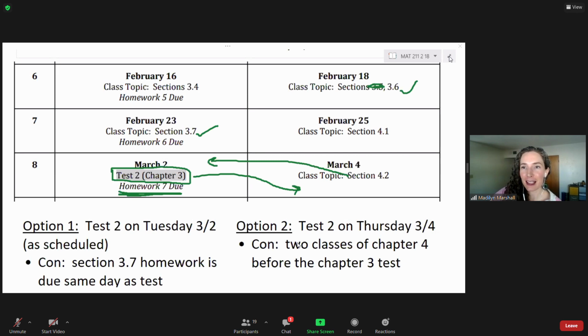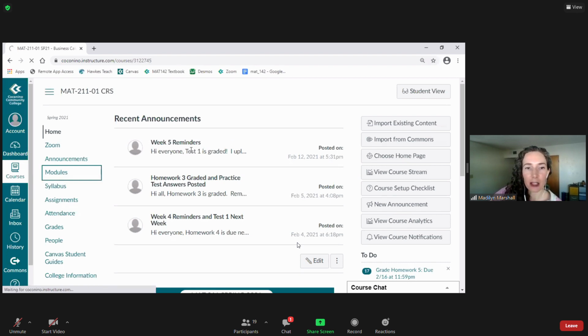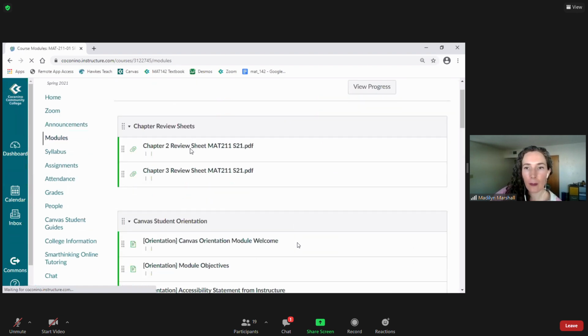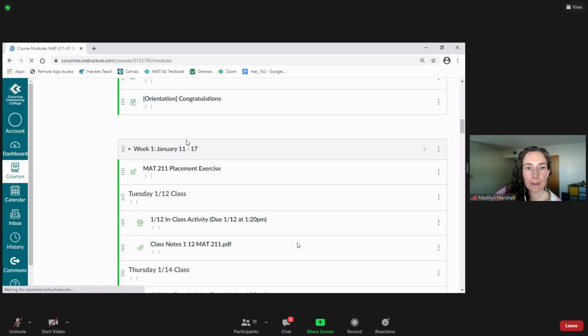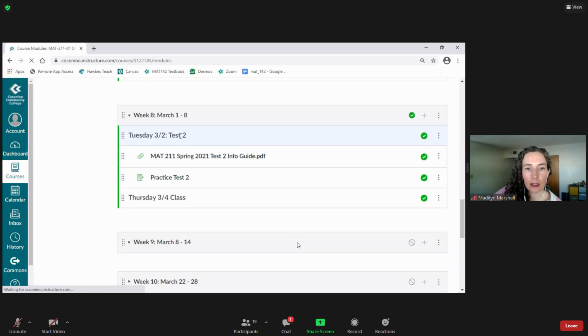So while the last couple people are deciding, I'm just going to bring up our Canvas page because regardless of what day the test is on, I have posted a little bit of information about the test. In the week 8 module, right now it says Tuesday 3-2 test, but it might change.